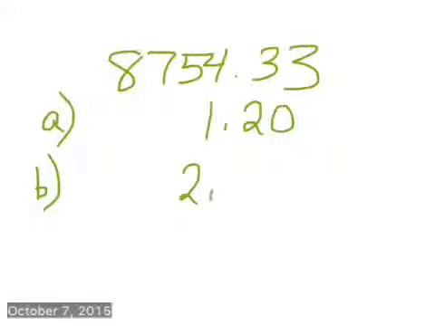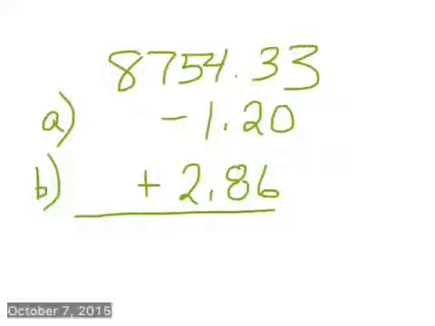Good. Now, when you're figuring this out, a fee, is that an adding or subtracting? Subtracting. Good, Colin. And what's an interest? Adding. Good. So what I want you to do for Part C is take this $8,754.33 minus $1.20 and add to it $2.86.